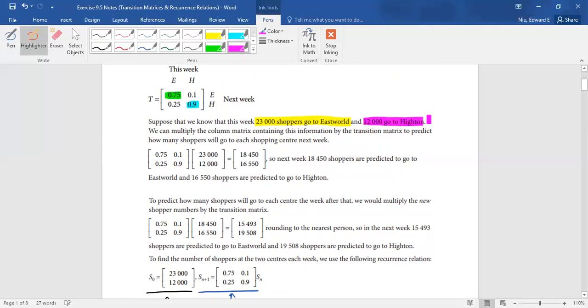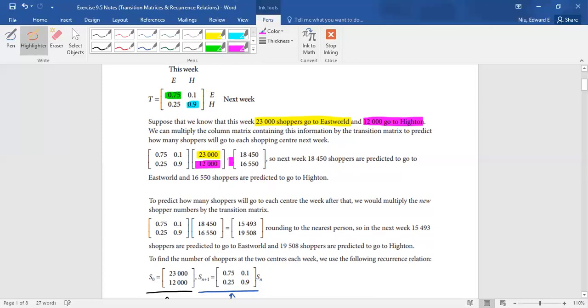What we can do is create a matrix, which we're going to call S0. You're going to learn that later on. So this is what we call our S0 matrix, which is what we start with. Initially, there are 23,000 shoppers at Eastworld, and this is how this matrix came about, and 12,000 that go to Highton.